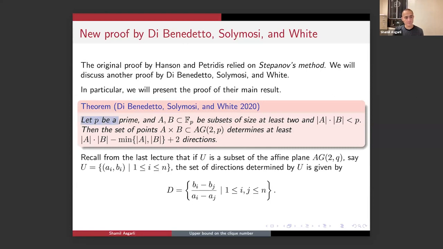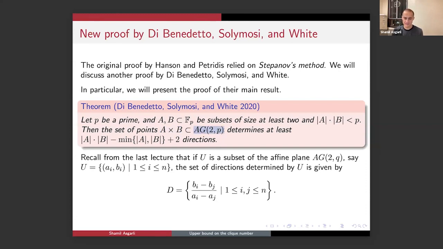Let p be a prime. Let A and B be two subsets of F_p of size at least 2, such that the product of the size of A and the size of B is strictly less than p. Then, if you look at the Cartesian product A cross B, that's a subset, of course, of the affine plane.